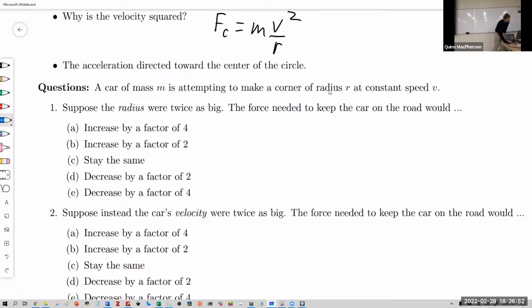Let's keep thinking about force centripetal is mv squared over r. Imagine we have a car driving around a corner, and suppose the radius were twice as big.